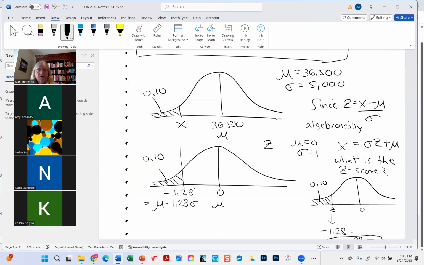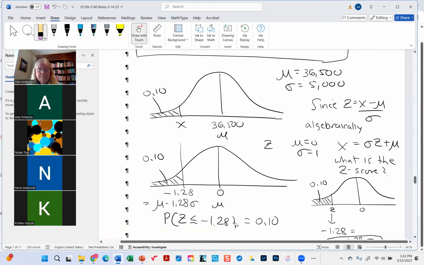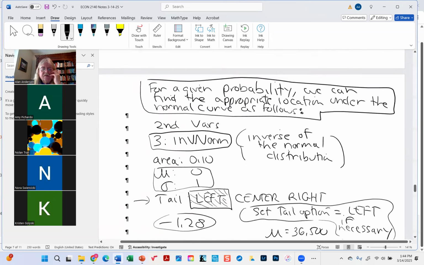So in other words, what you just showed is that the z-score, such that 10% of the curve is below that point, is negative 1.28. Or you can think of it this way. The probability that z is less than or equal to negative 1.28 is 10%. Wonderful. Now, how does that help us solve the guarantee for the tire company? Good question.